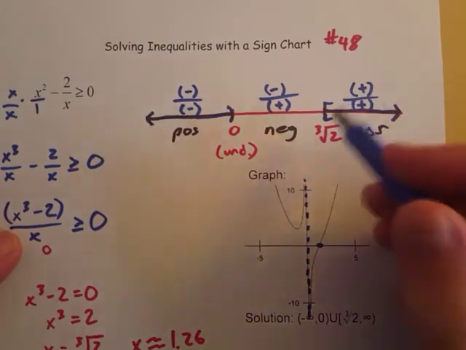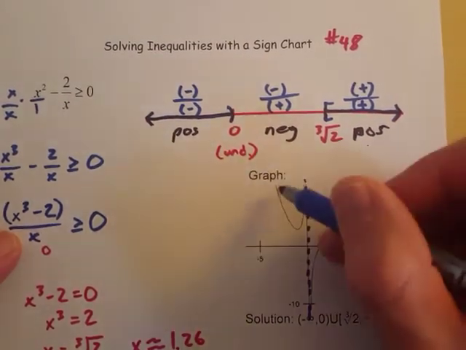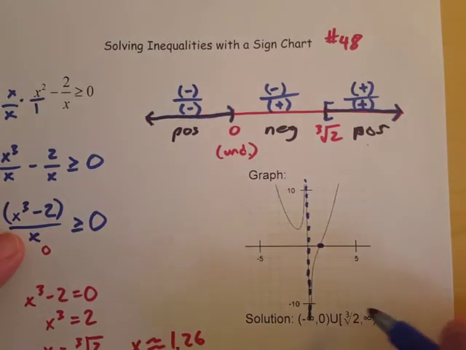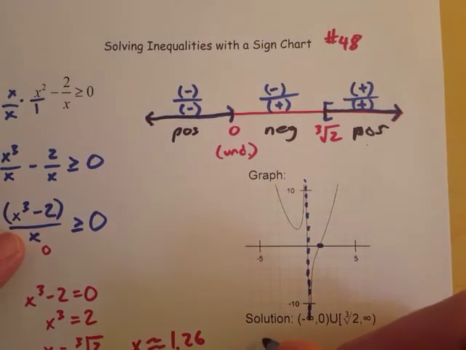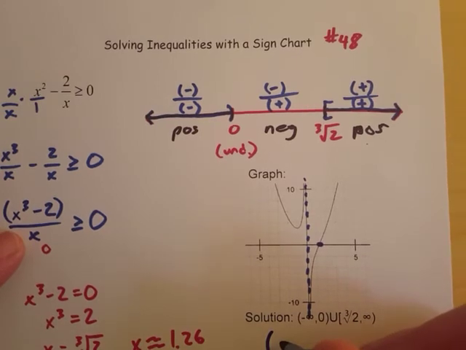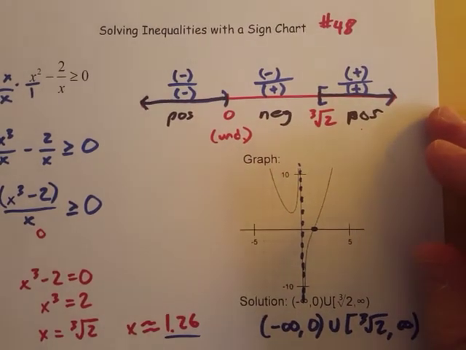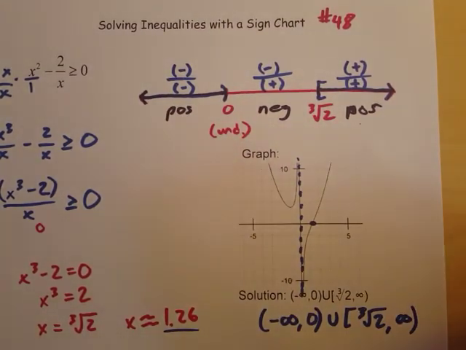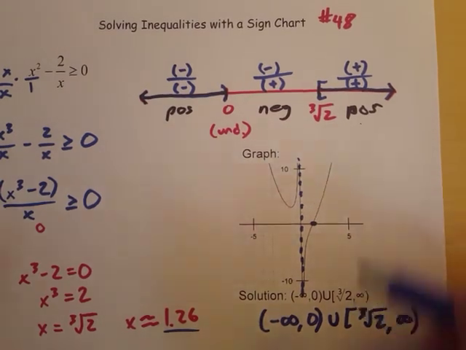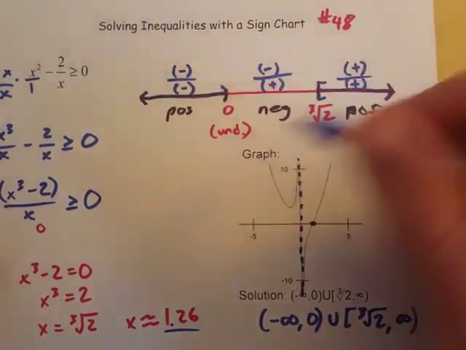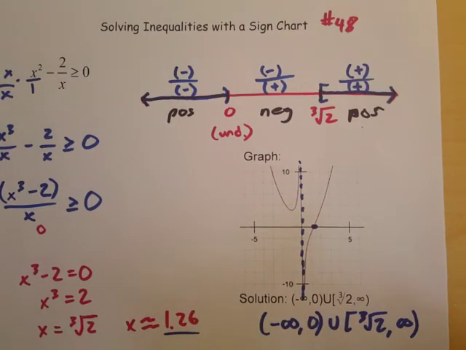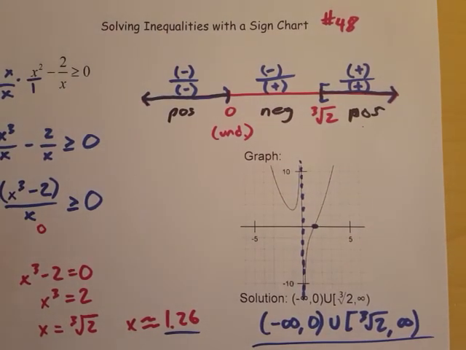Here's where we have the cube root of 2, so it is going positive there, it's positive up here, but our solution, as you might be able to see, is negative infinity to 0, and square bracket cube root of 2 to infinity. So the details are very important. The little picky details can make a difference. But the square bracket here is, again, because this was a greater than or equal to. And then we have our final solution. That's everything included.